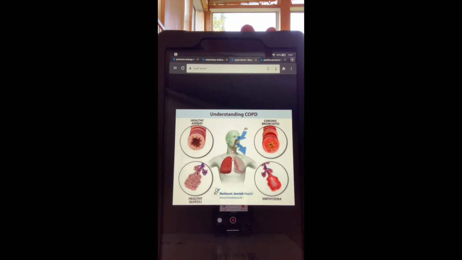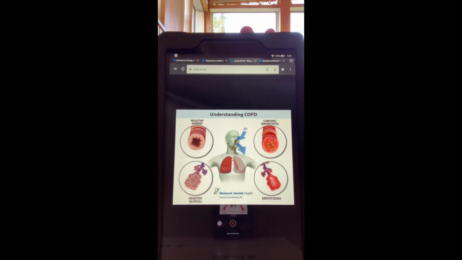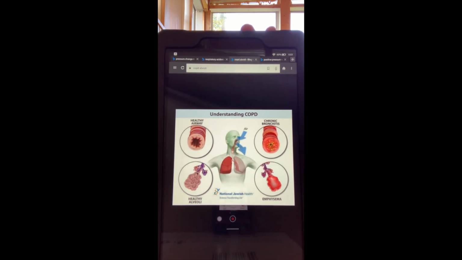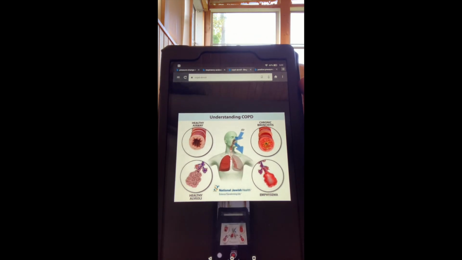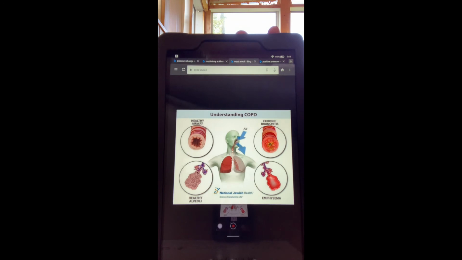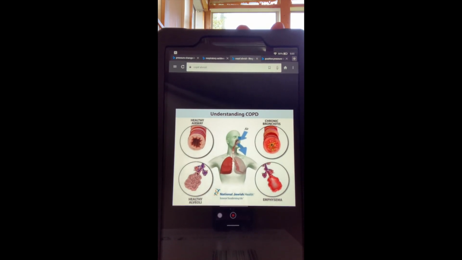On exhalation, air becomes trapped in the alveoli as well. With COPD, there's usually excessive mucus production as well as inflammation of the bronchioles. You can see here a normal healthy one, and then here how inflamed that is, which obviously makes it hard to exchange gases or breathe gases in.